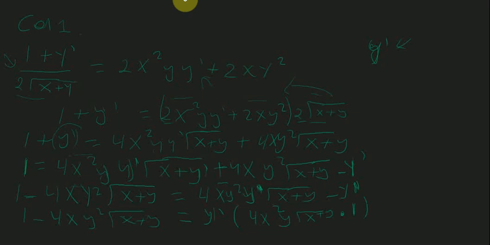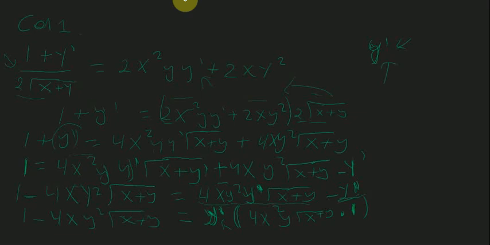If I multiply y prime here, I will get this part, and 1 times y prime gives y prime. Ideally I separated it, so y prime is here because we have to find y prime.